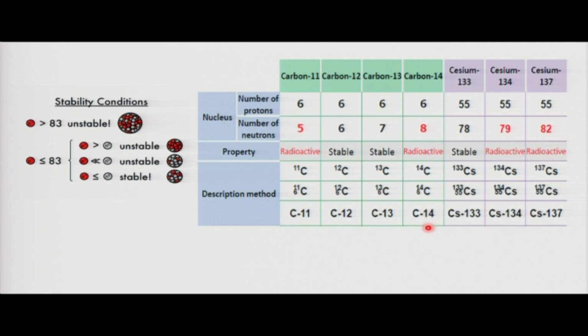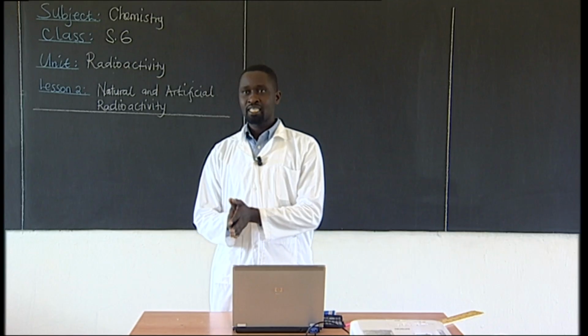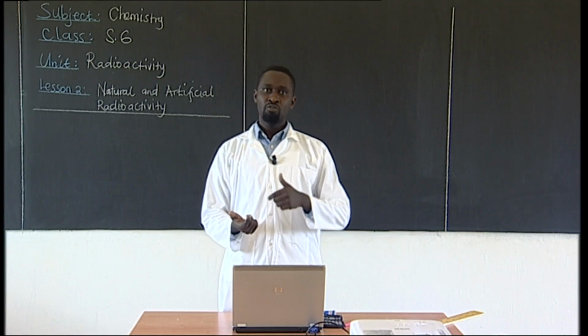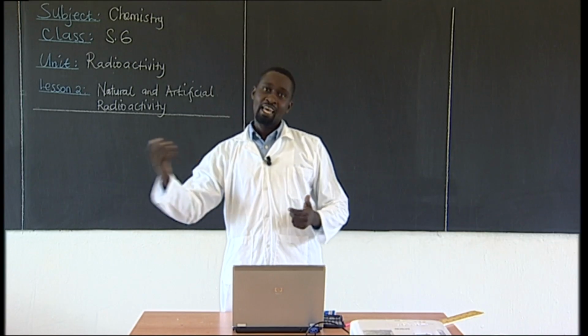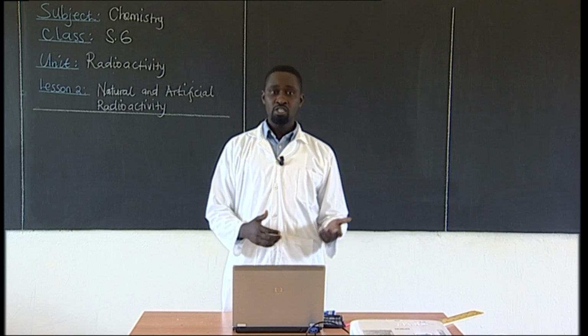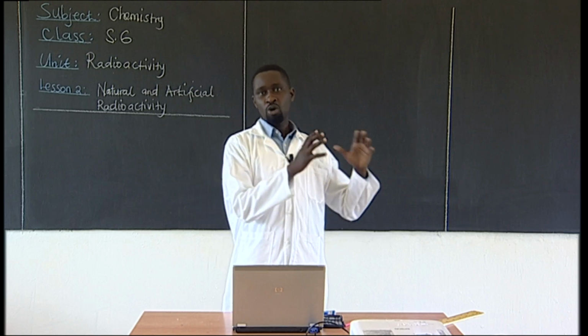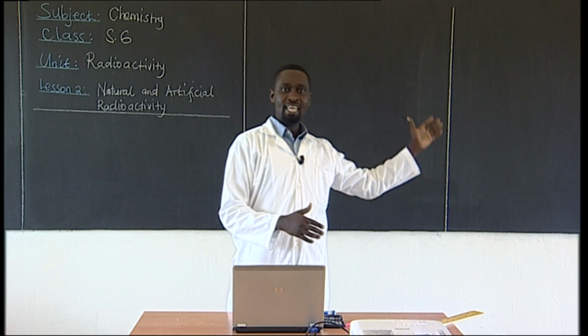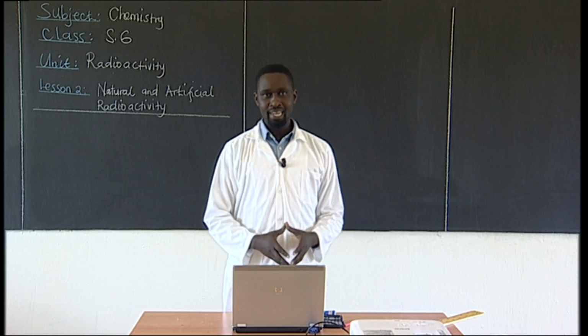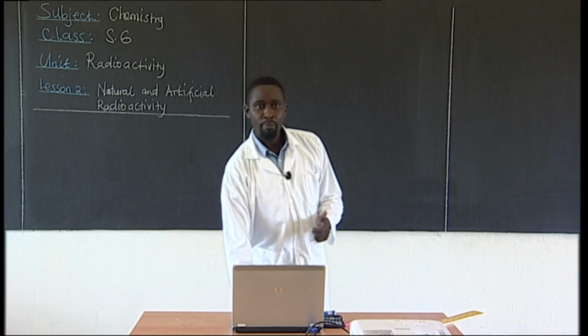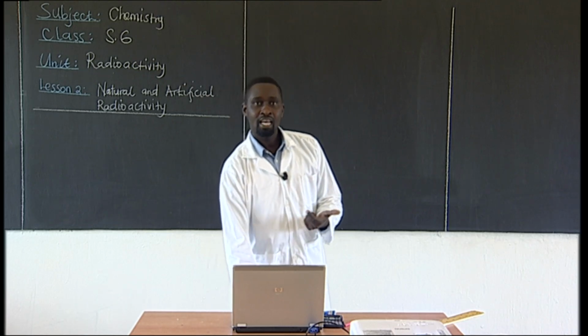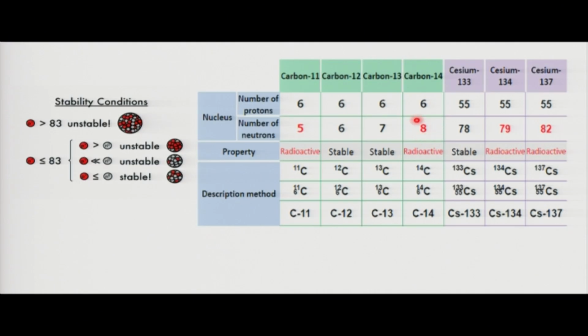Another case is carbon-14, which is always used in carbon dating to determine the age of fossils, for dinosaurs, for instance, fossils for all the organisms that died many, many years ago. That is what we call carbon dating. They use carbon-14. Carbon-14 has 8 neutrons, you see here, and 6 protons.